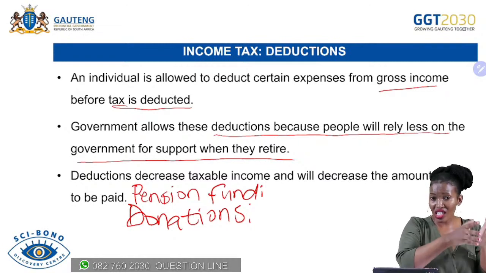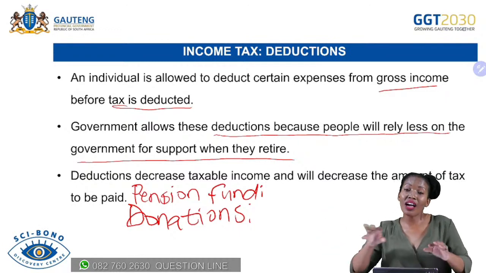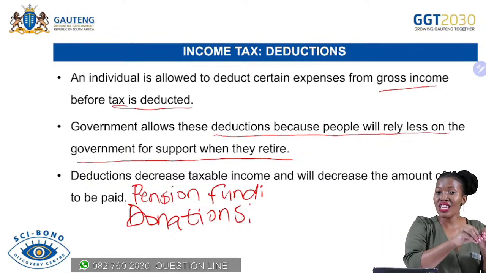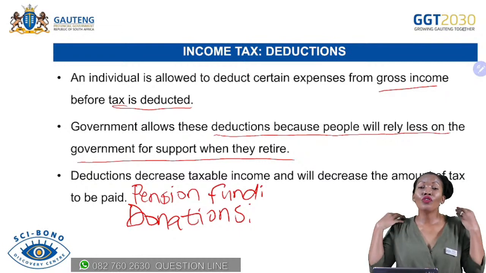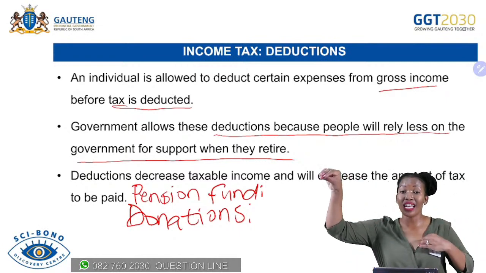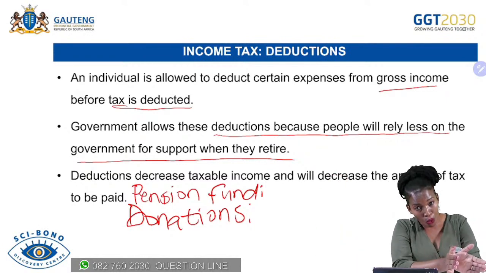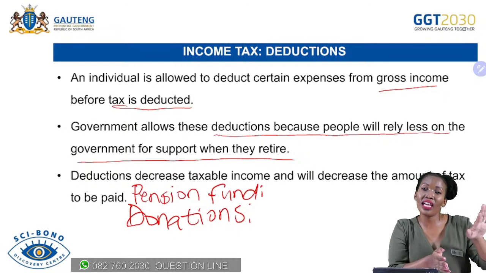That orphanage, initially, was the responsibility of the government. But now that you are here, you've taken over. It means you've taken the pressure off the government. Now they can focus on other things because they know someone is catering for that home.